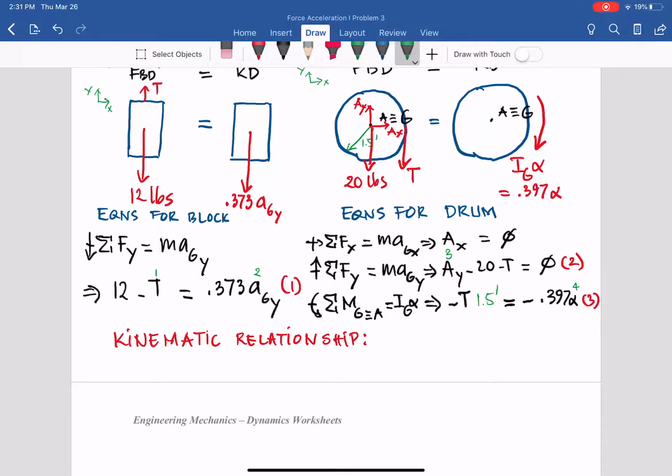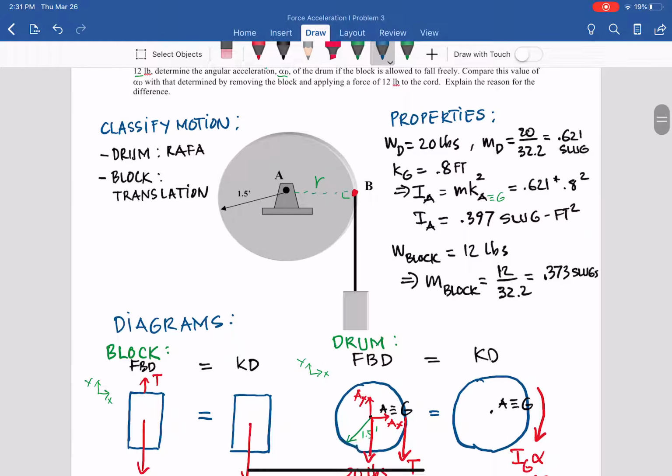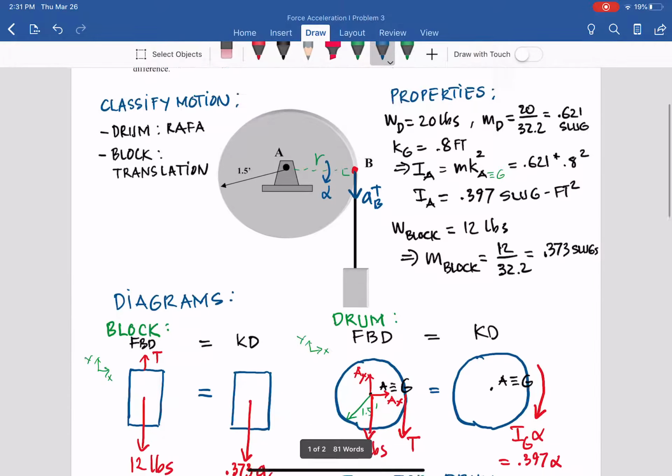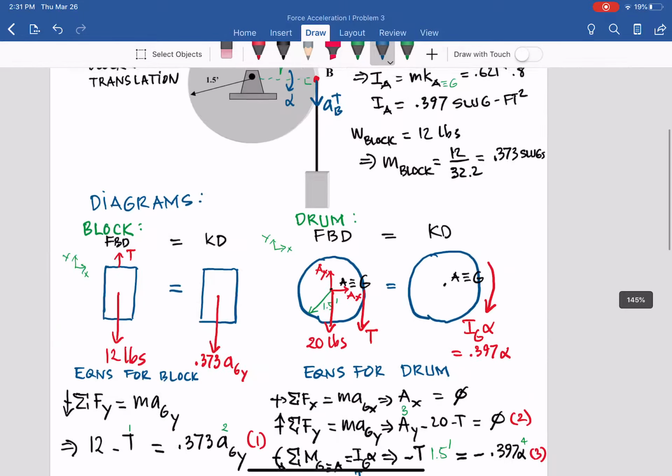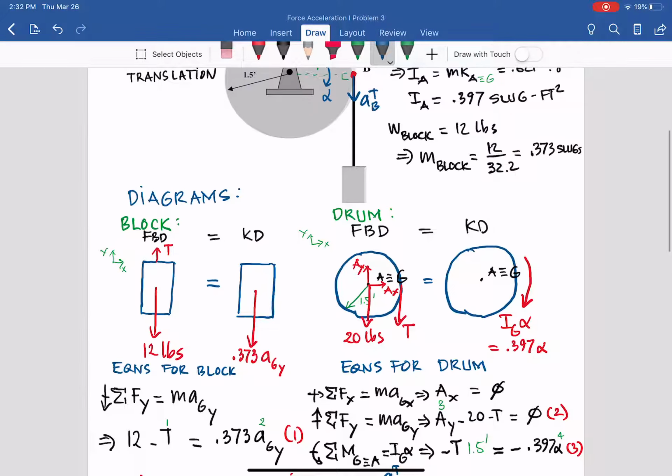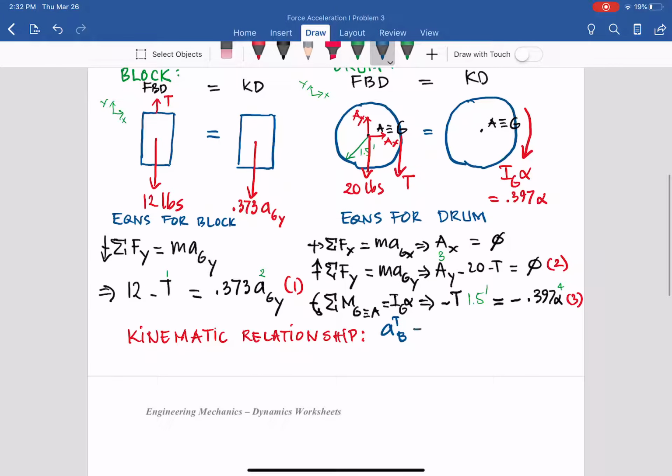So as you can see, you have the kinematic relationship right down here. You have AB tangential components here. So it equals alpha R.